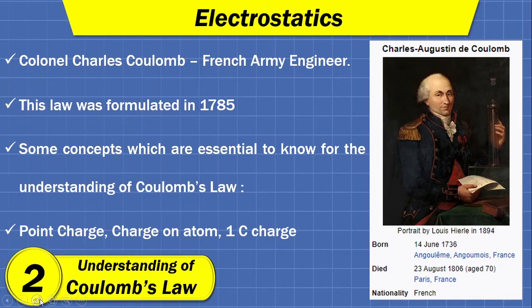Point charge is something like this: say I have an atom anywhere in the space and my space of interest is quite large compared to the dimension of this particle. At such an instance this particle can be referred to as a point charge.